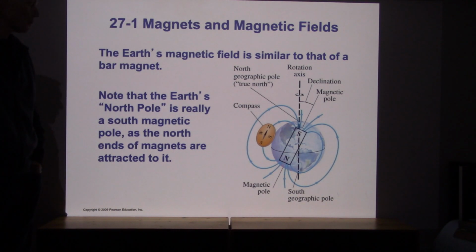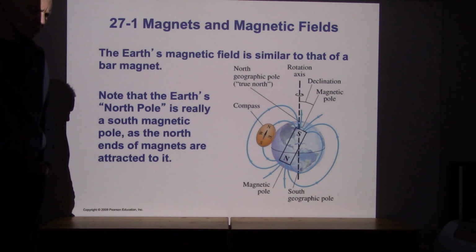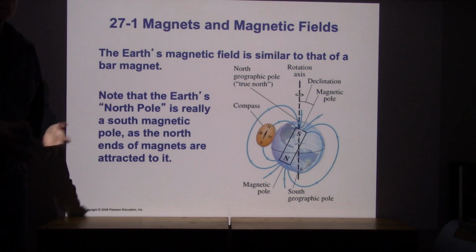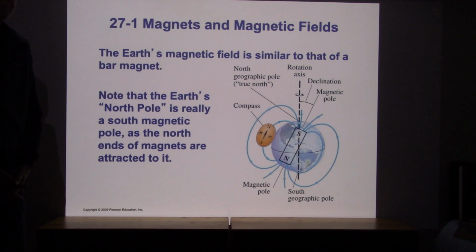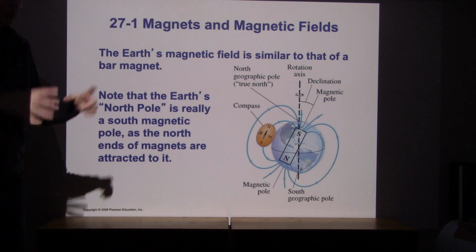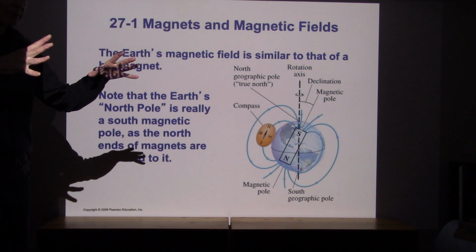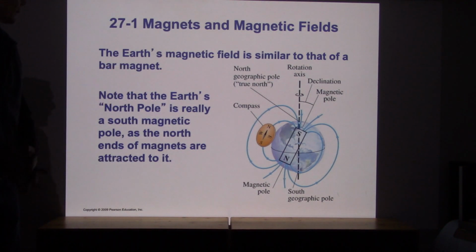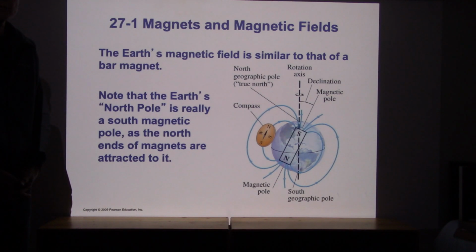The rotation of the Earth creates the possibility of electric currents showing up inside the core of the Earth. There's a lot of iron. There's a solid iron core, and it's surrounded by a molten iron outer core. And we think that in the outer core, currents of charge get set up and maintain the Earth's magnetic field.